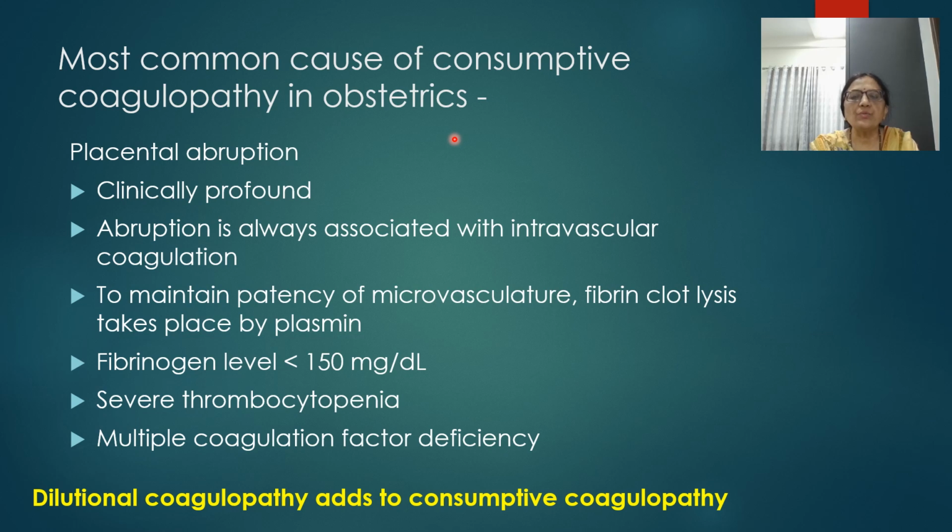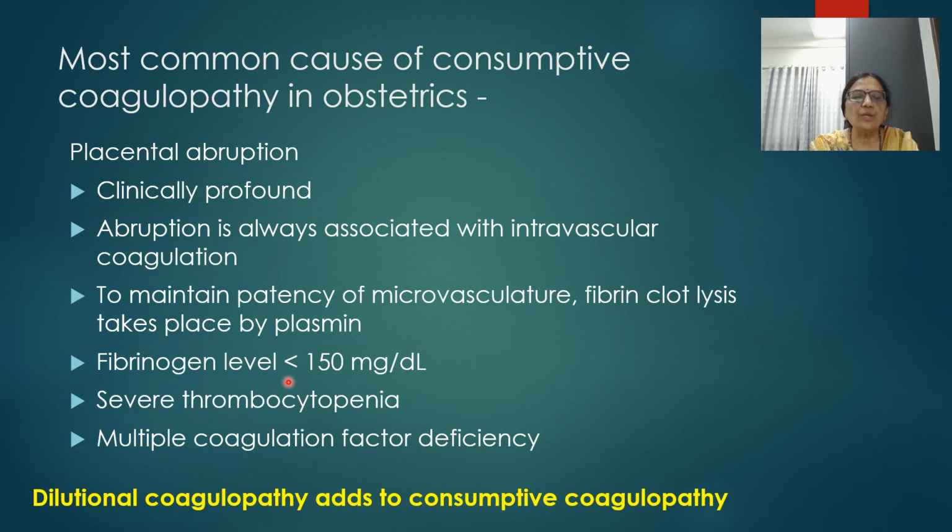If you are asked what is the most common cause of consumptive coagulopathy in obstetrics which is clinically profound, your answer should be placental abruption. Abruption is always associated with intravascular coagulation, and to maintain the patency of microvasculature, fibrin clot lysis takes place by activation of plasminogen getting converted to plasmin.